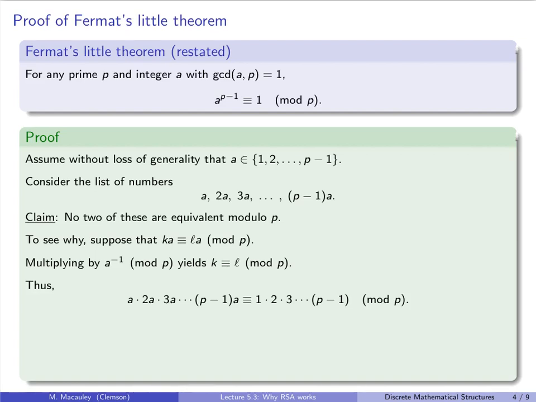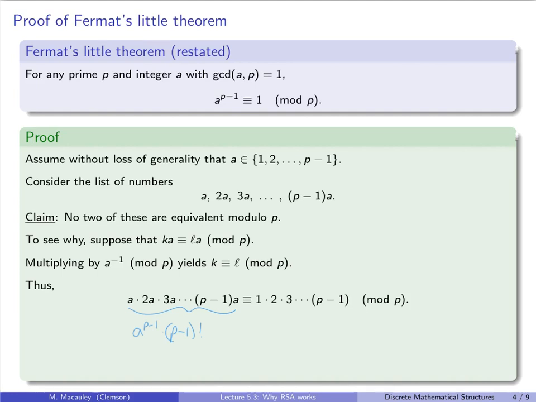Thus, the product of this list of numbers from above, there's two ways to write it. One of them is A times 2A times 3A all the way up to P minus 1 A, which, by the way, notice this is P minus 1 copies of A times P minus 1 factorial.